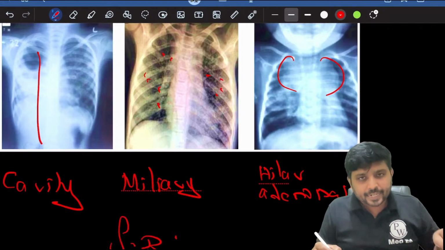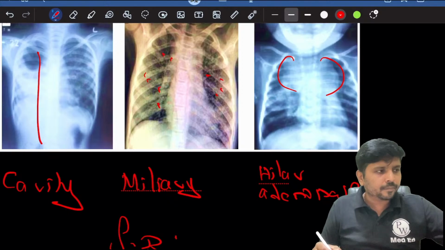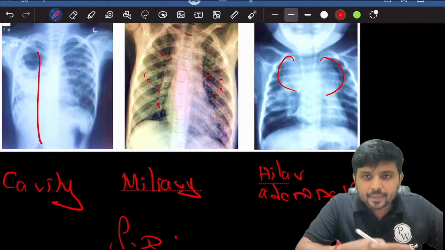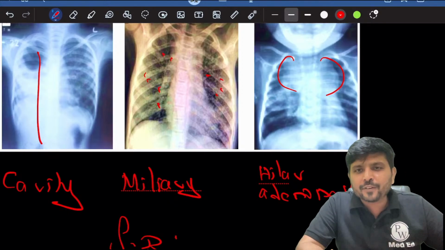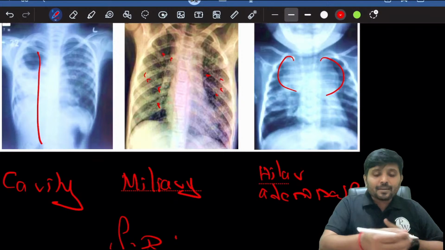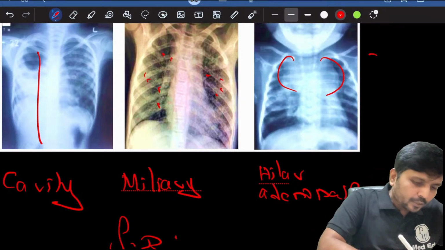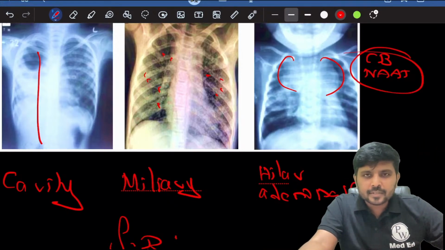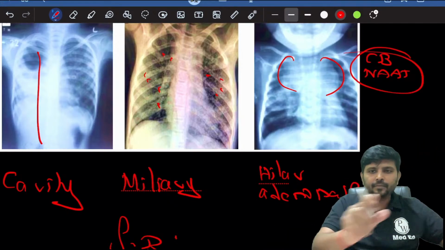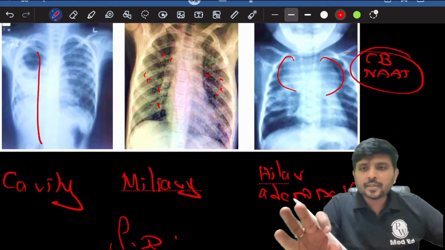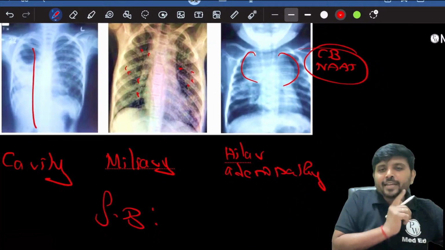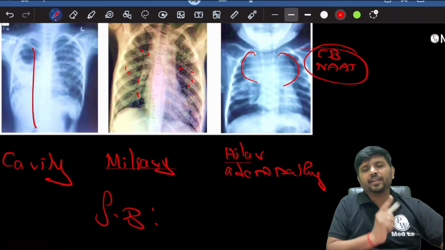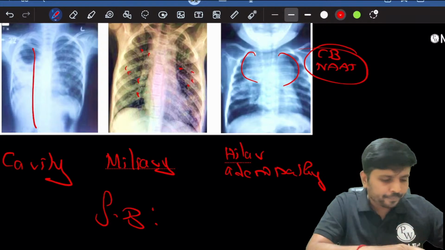Now will you give antibiotic or proceed for CBNAAT? These are TB specific X-rays. So the next step is CBNAAT. Very, very important 3 X-rays for your entrance examination. Okay? Right.